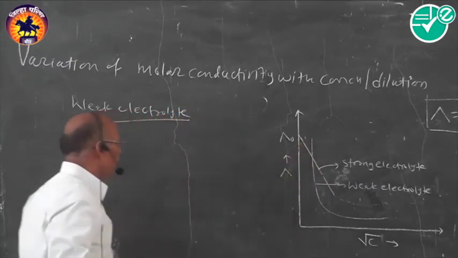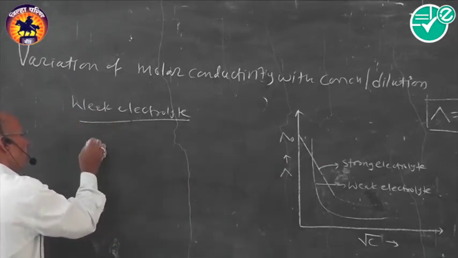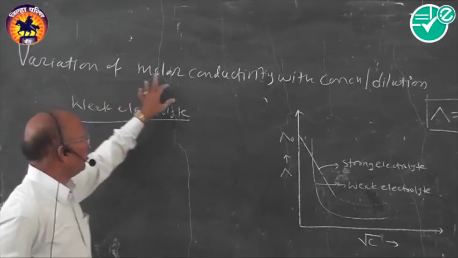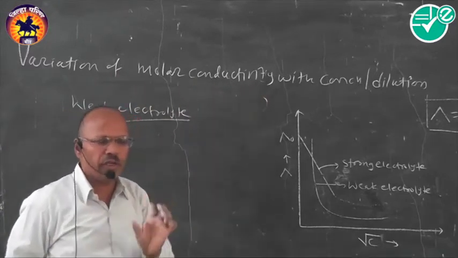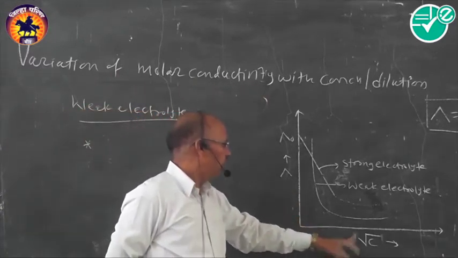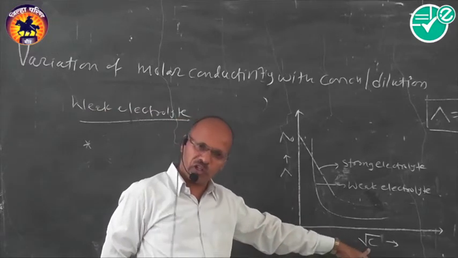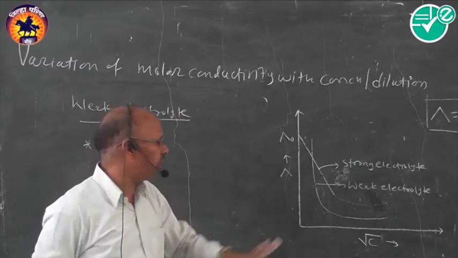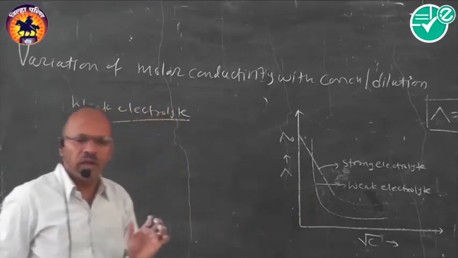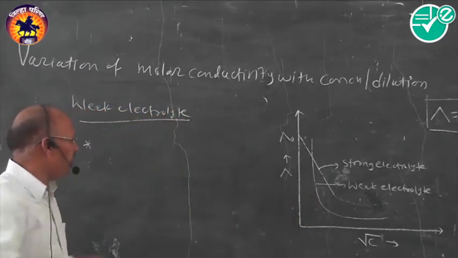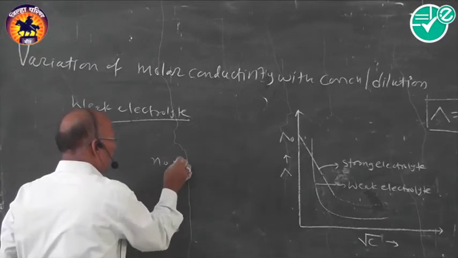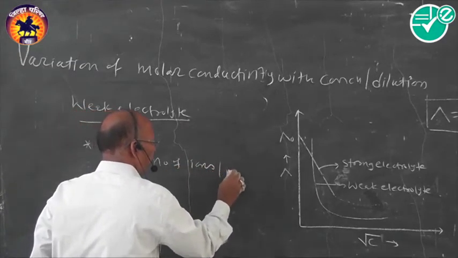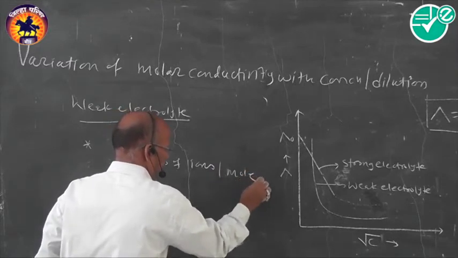Okay. Now in this particular case, one point remains from the explanation: how the molar conductivity decreases with the increase in concentration, or how it increases with dilution. Remember that the molar conductivity always depends upon the number of ions per mole of the solution.